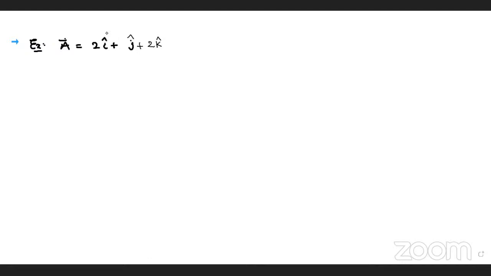And the second vector, b bar, equals 4 i cap plus 2 j cap plus 4 k cap.